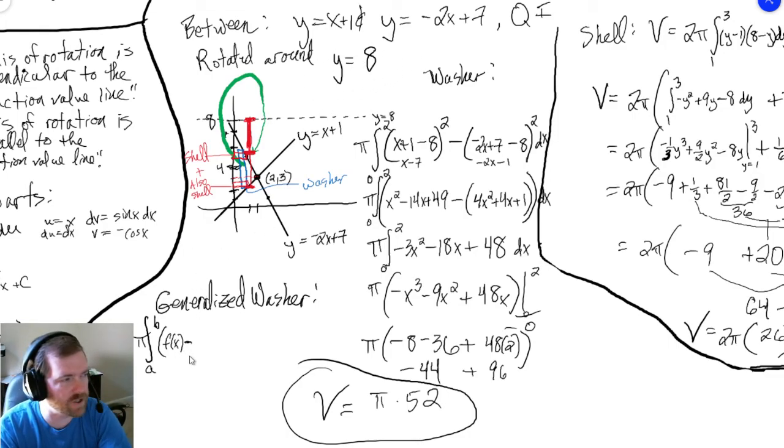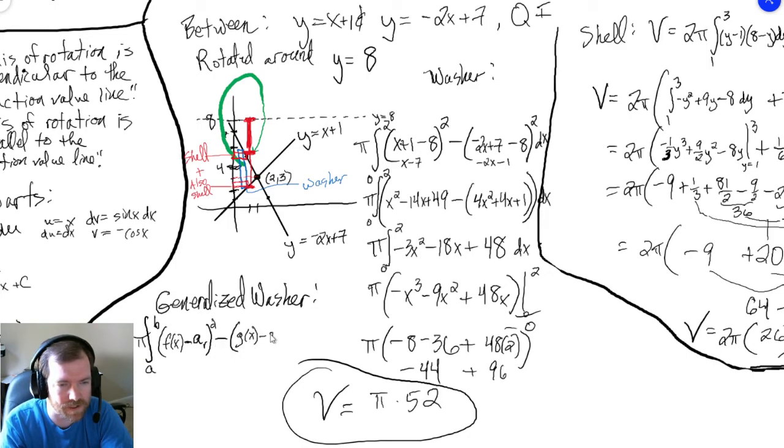Really, it's the rotational value. So, axis of rotation, a sub r, squared minus parentheses g of x minus a sub r squared dx.